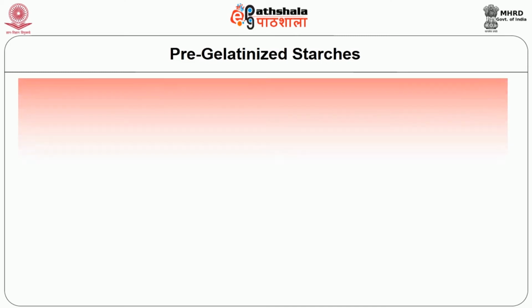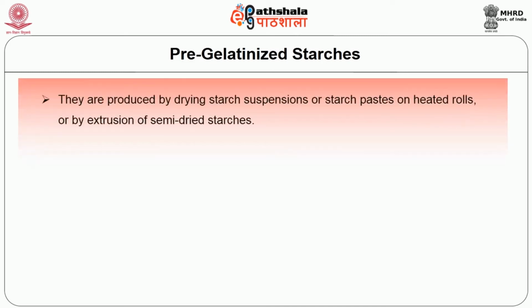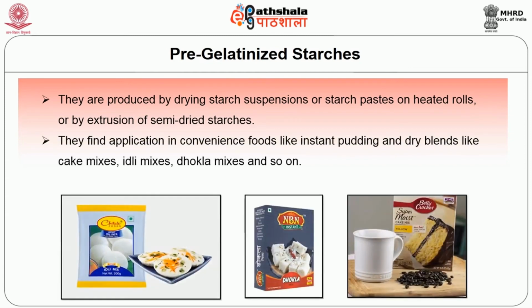They are produced by drying starch suspensions or starch paste on heated rolls or by extrusion of semi-dried starches. They find application in convenient foods like instant pudding and dry blends like cake mixes, idli mixes, dokla mixes and so on.